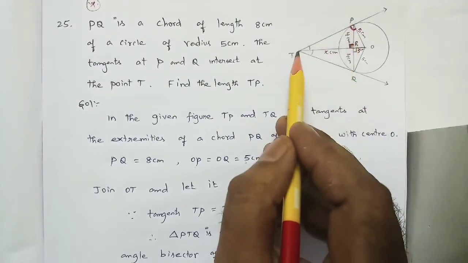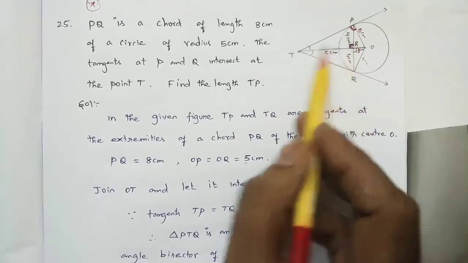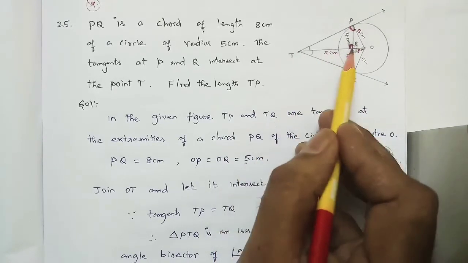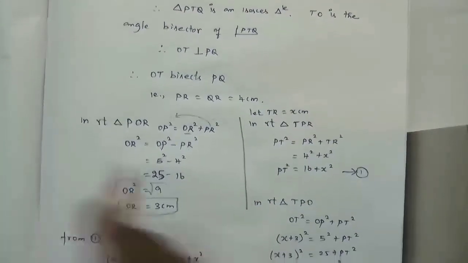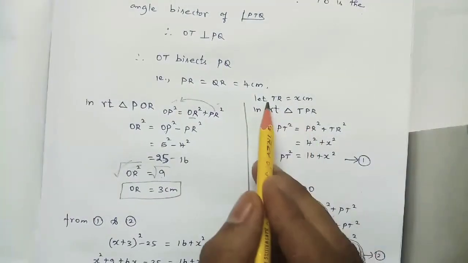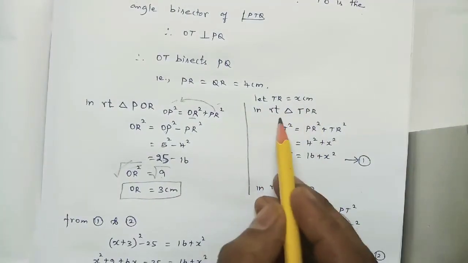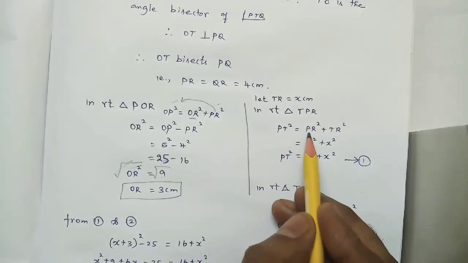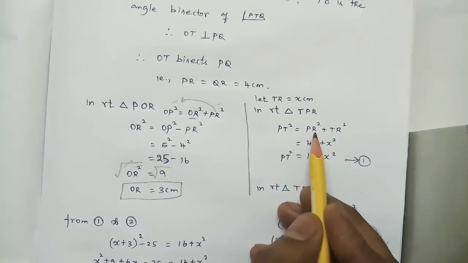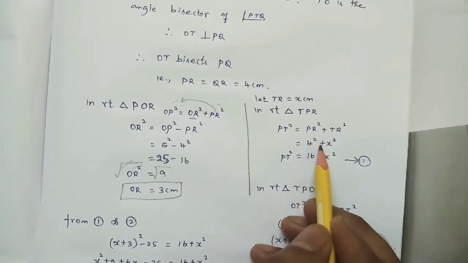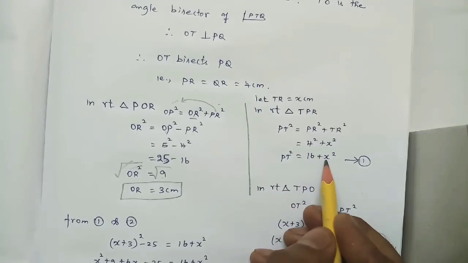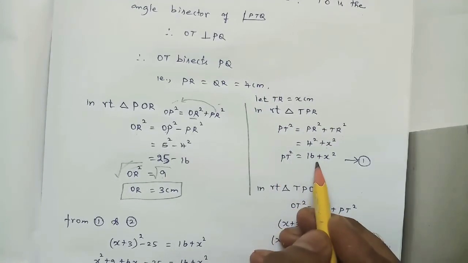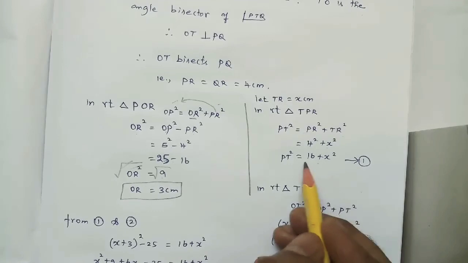TP square is equal to TR square plus PR square. PR is 4, so 4 square is 16, and PT square is equal to 16 plus X square. Take it as equation number 1.